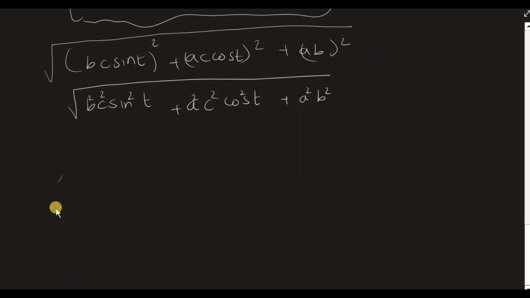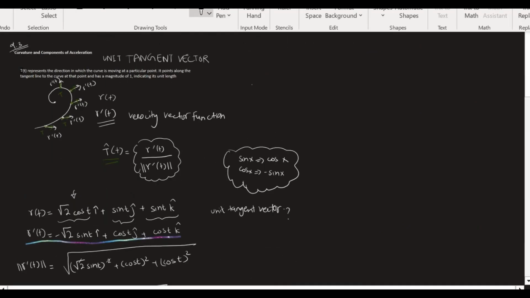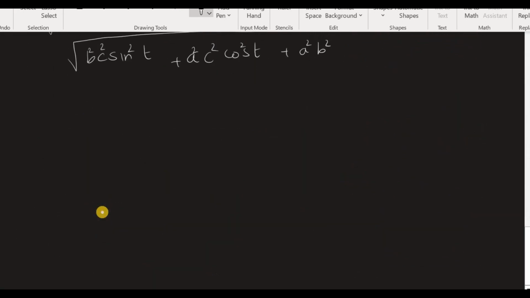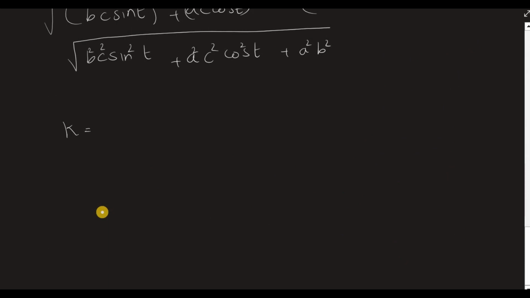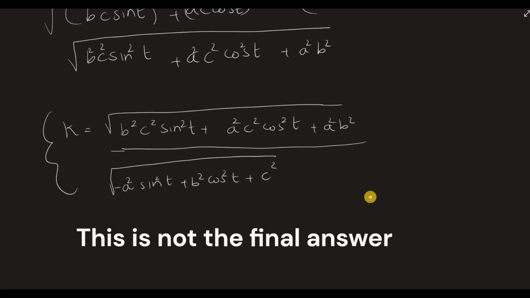So kappa is equal to, this is what we have here, this goes at the top, B squared C squared sine squared of t plus A squared C squared cosine squared t plus A squared B squared, divided by what we had.